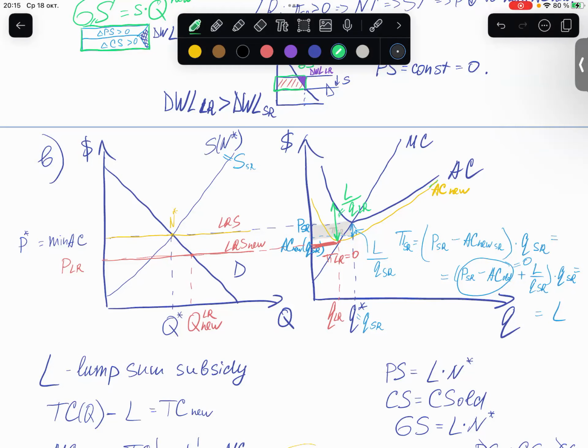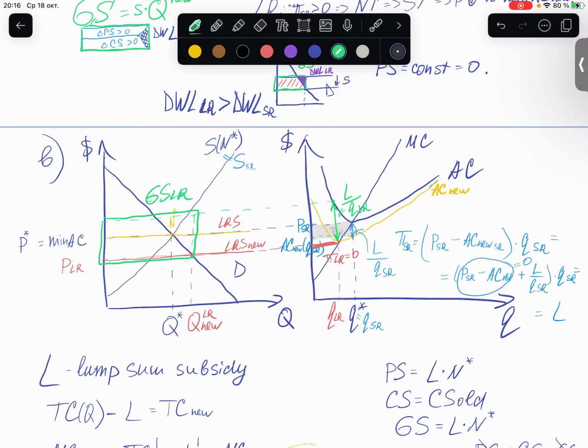So how we can show this area? So government spendings will be like this. This area. These are new government spendings in the long run.